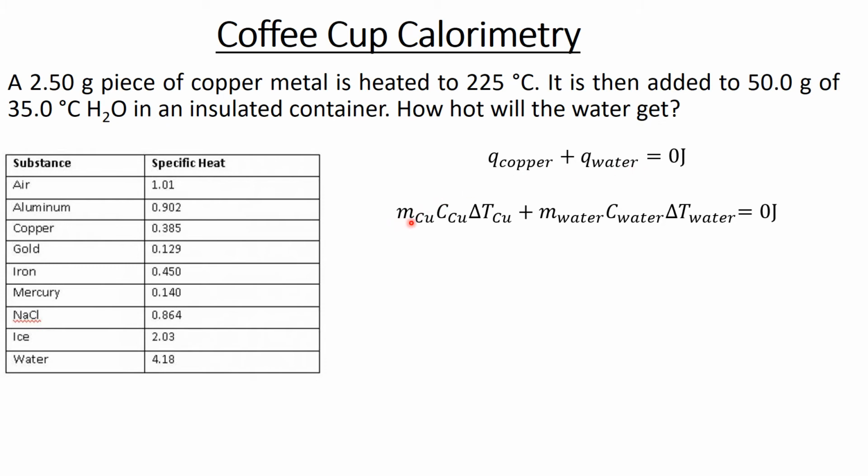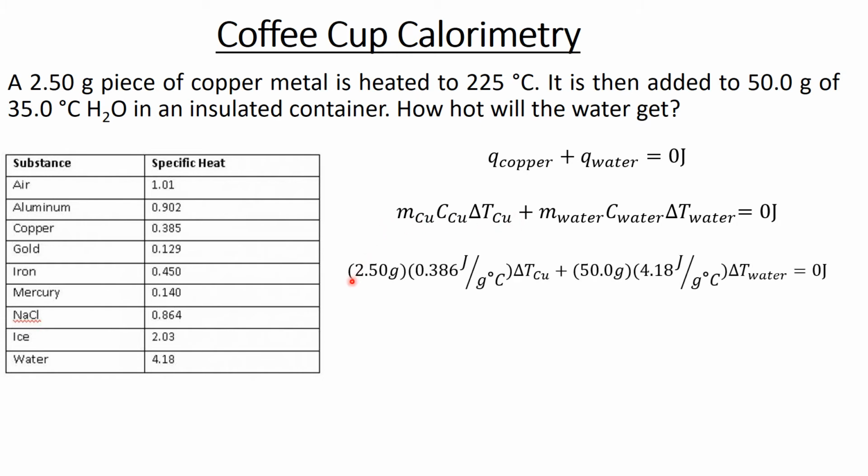So the mass of the copper times the specific heat of the copper times the delta T of the copper plus the mass of the water times the specific heat of the water times the change in temperature of the water is 0 joules. Okay, so far so good. I can start plugging in numbers. But as you notice here, I now have 2 mcΔT formulas because I'm dealing with 2 substances. So 2.50 grams is the mass of the copper, 0.386 joules per gram times degrees Celsius, as we can see from this table.